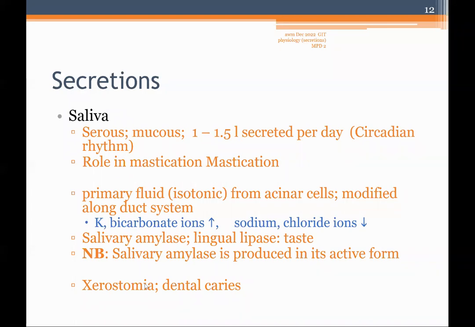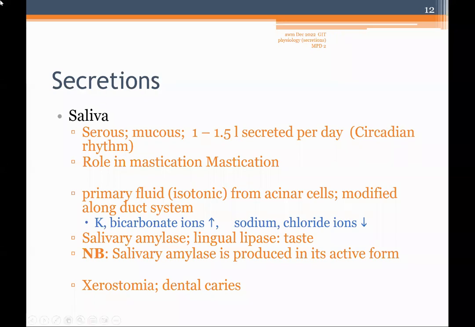And like I told you, physiologically, we normally produce saliva all the time. But when we are anxious or stressed, your sympathetic nervous system kicks in, you get vasoconstriction, and your saliva production is diminished. And so you feel some elements of dry mouth.